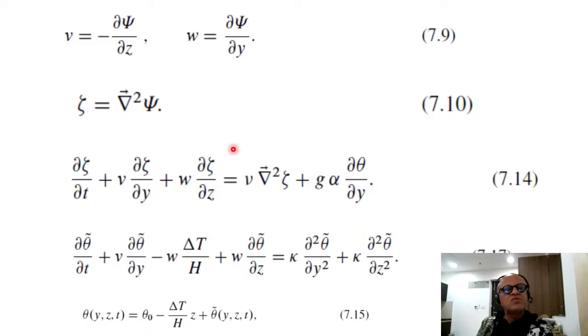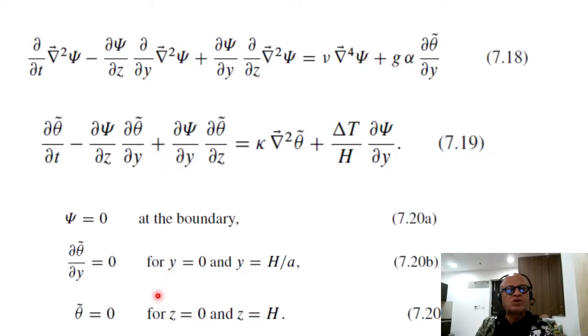Okay, so to remind ourselves, the stream function: v is minus del psi del z, w is del psi del y. We have our vorticity equation related to the stream flow, our relative vorticity equation, our thermodynamic or temperature equation, and our prescribed temperature perturbation equation. Together we can then derive this equation in stream function, which is quadratic here.